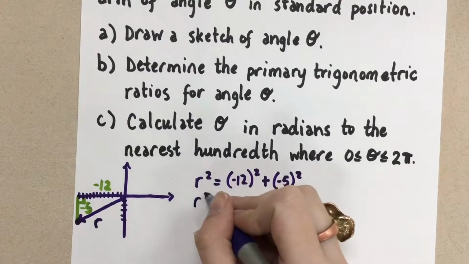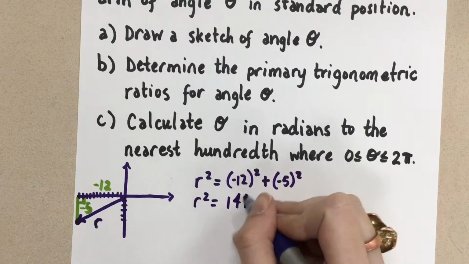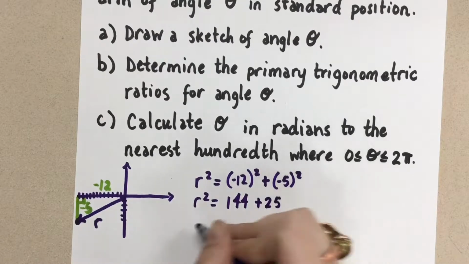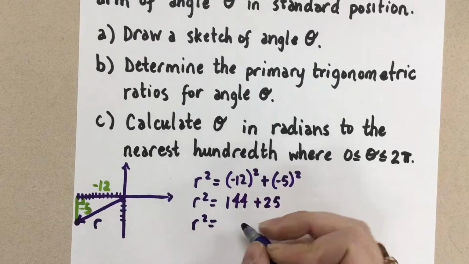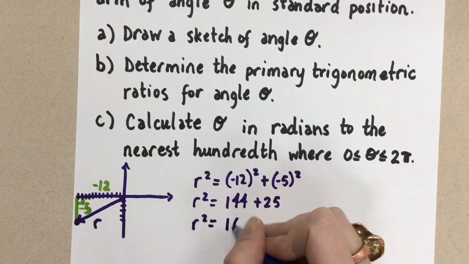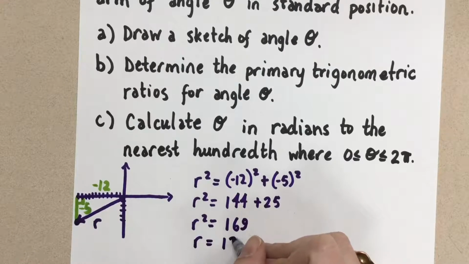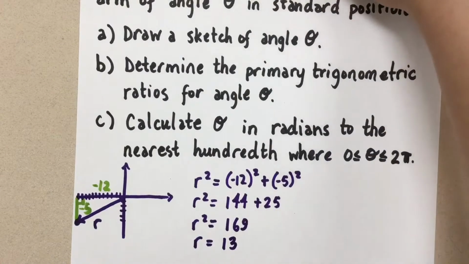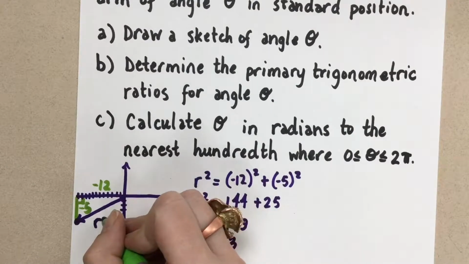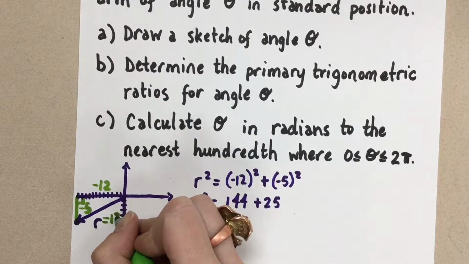Okay, so this gives us r squared equals 144 plus 25. R squared is going to be 169. And when we take the square root, r is 13. So we get a nice number there for this hypotenuse length.